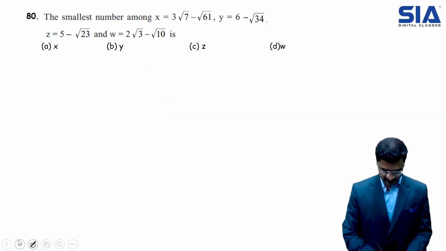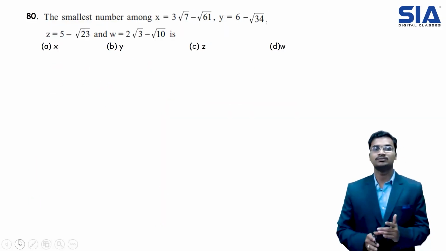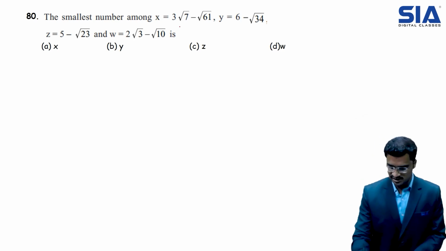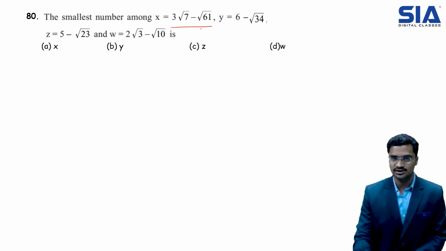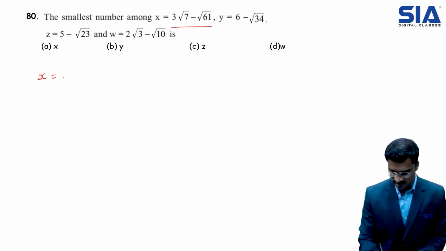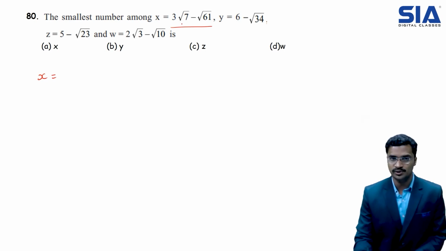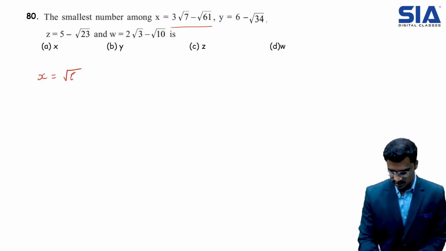Now coming to the next question, we have to find the smallest among these numbers. So x is 3√7 minus √16. So x can be written as: 3√7 can also be written as √(7 into 9). 7 nines are 63, which is √63 minus √61.